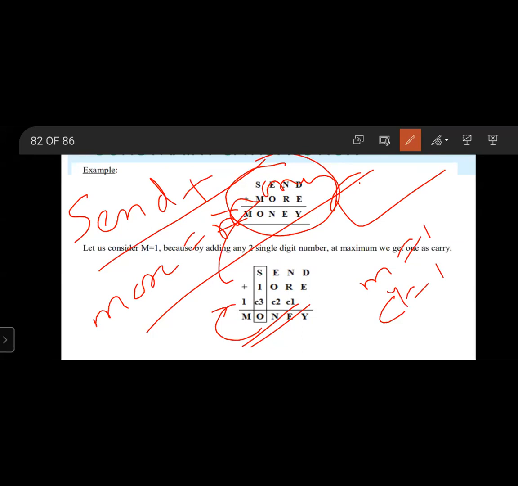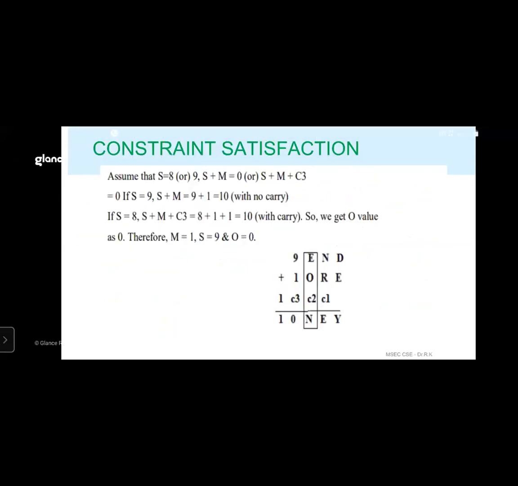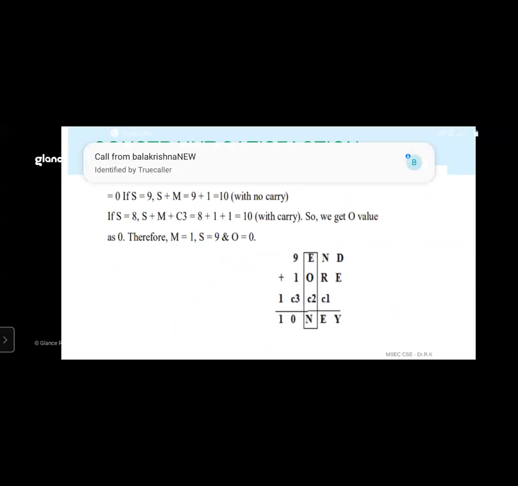Clear? SEND MORE MONEY. Here M equal to 1, that means carry equal to 1. Here S equal to 8 or 9.